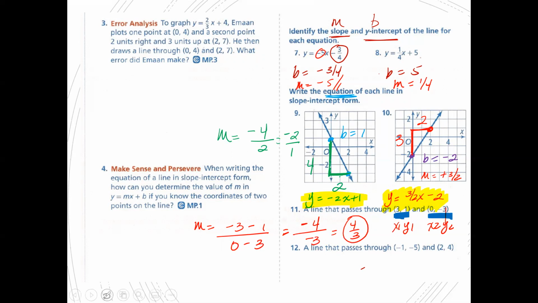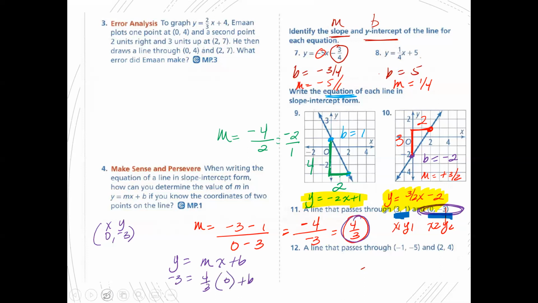Now that I have m, I need to find b. So in order to find b, I go back to my original y-intercept equation, and I notice that I want to use the second point because it has a 0. I'm hoping that's going to cancel something. So my x is 0, my y is -3. So put -3 equals m, which I found out was 4/3, times x, which is 0, plus b.